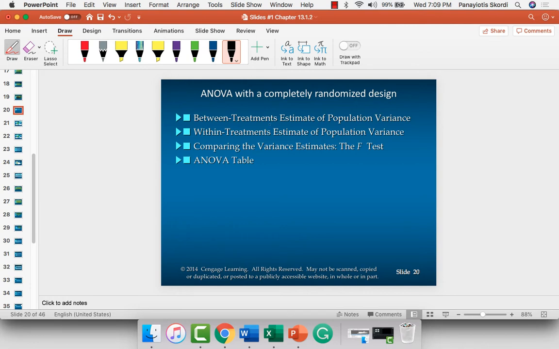Fisher looked at working out the variation between the means and then the variation within each group, and then comparing the variances. So he took the ratio of this one to this one.